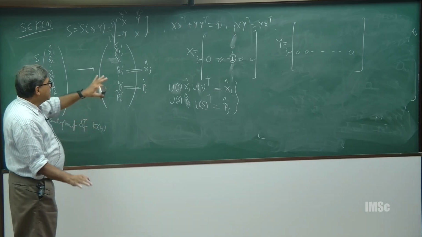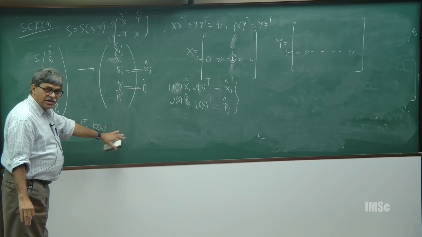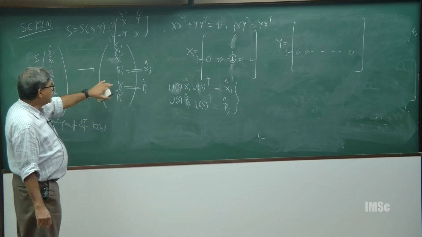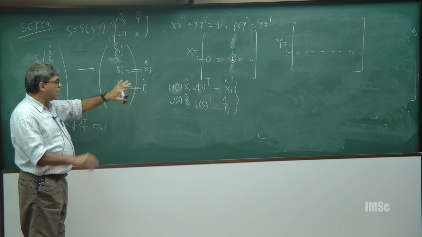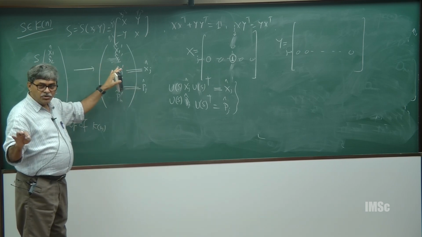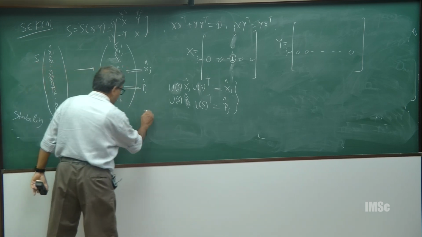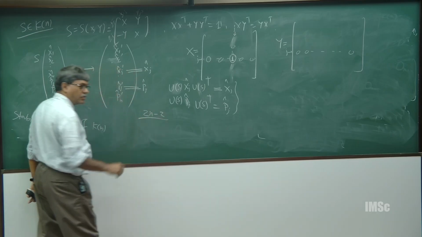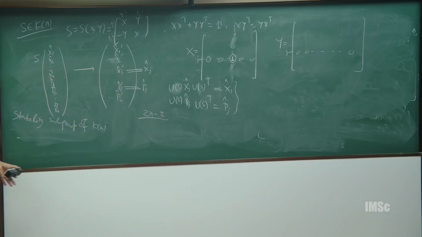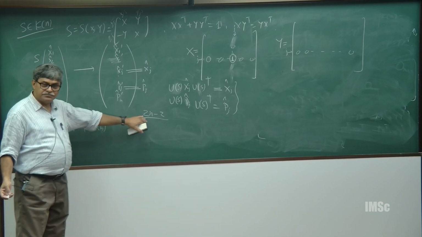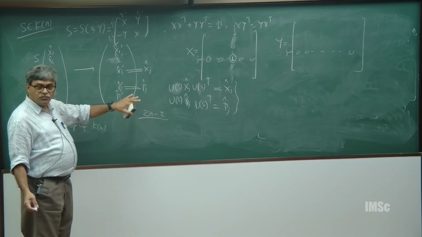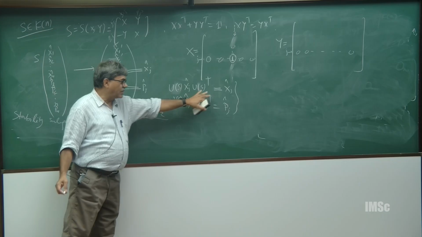So you have this 2n dimensional phase space in which you have kept xj and pj unchanged, right. So the remaining dimension is 2n minus 2. So whatever you need to do is in this dimension, provided you want to look at a fixed point like this one.